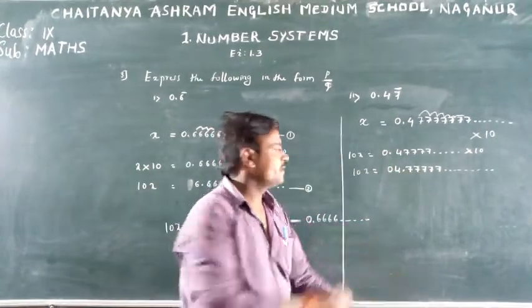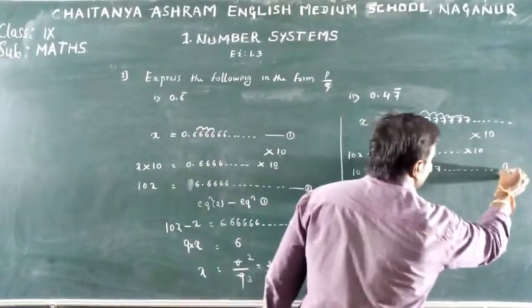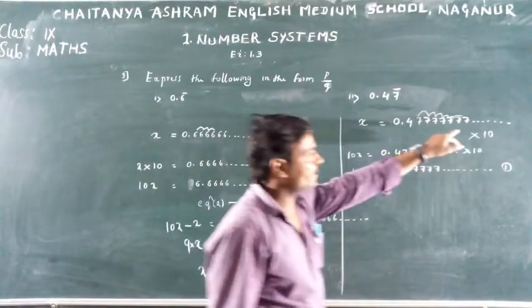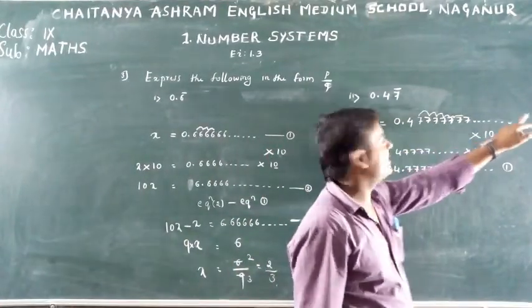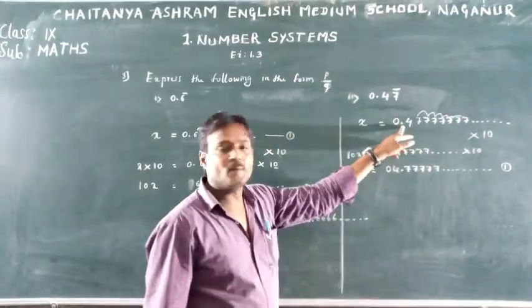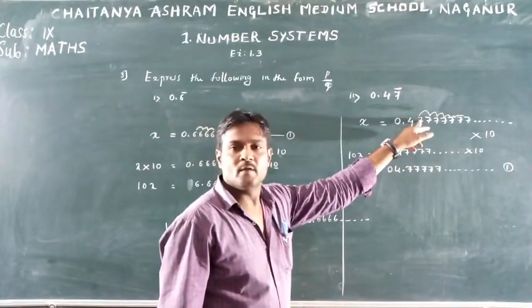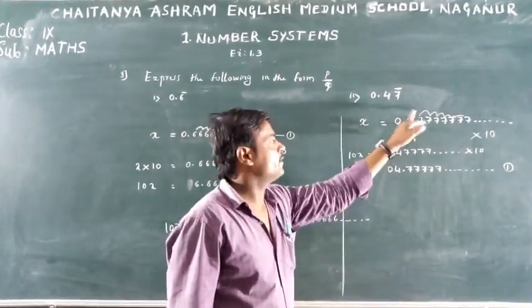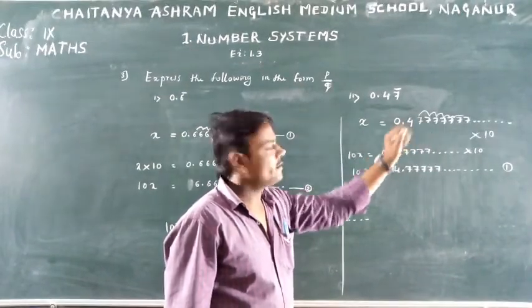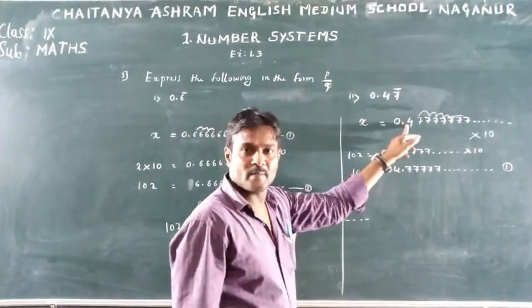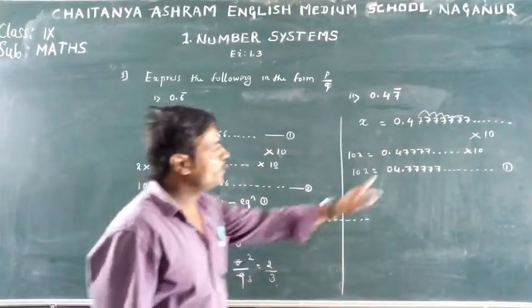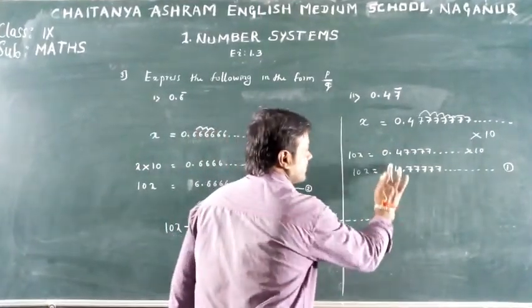Don't write this directly as equation number 1, because the decimal is not yet in front of the repeating digit. In such cases, first shift the decimal in front of the repeating digits. Here one place we have to shift, so we multiply by 10.